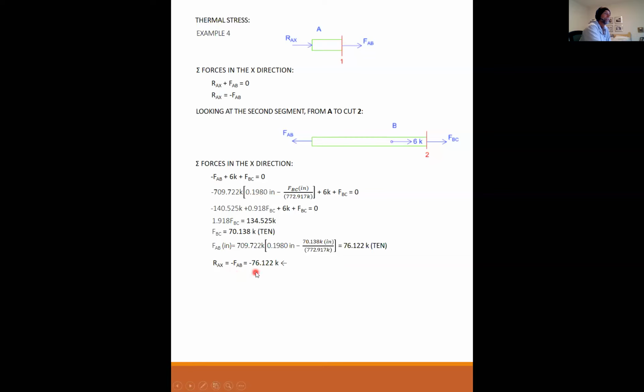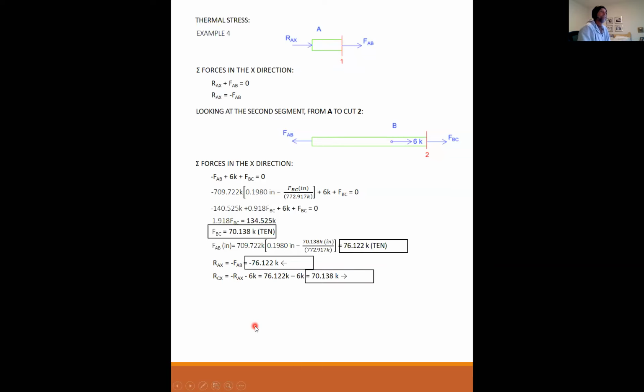So RAX is minus 76.122, which means it's the opposite direction that I had assumed. So I put my left arrow on RAX. RCX is minus RAX minus 6 kips. This is just summing the forces. And I get 70.138 kips to the right. And those are the induced forces.